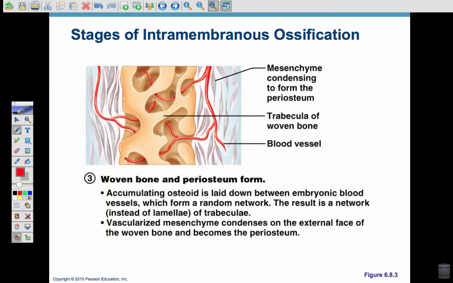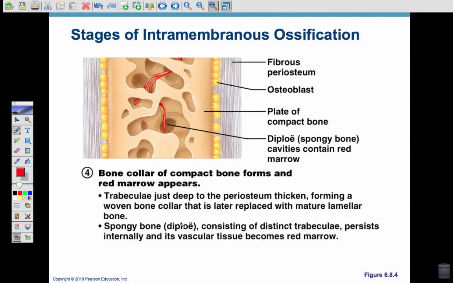And now, instead of having lamellae of the sort that you see especially in compact bone, you see the development of these spaces and trabeculae that essentially separate the spaces. And of course, what we're seeing then is the formation of spongy bone in this particular case. And then ultimately, the compact bone does begin to develop.